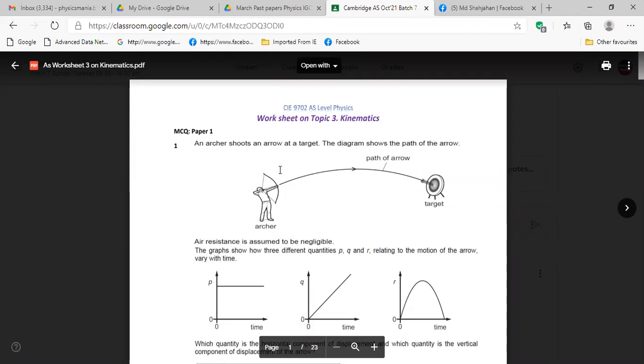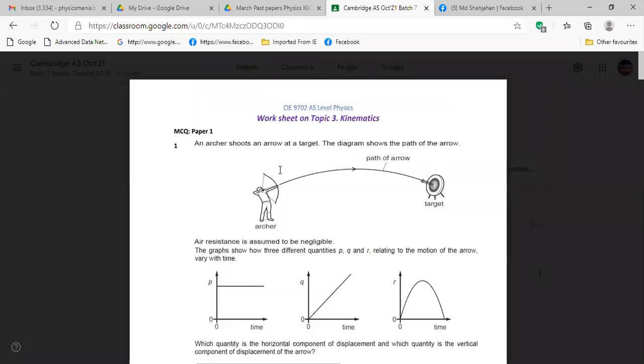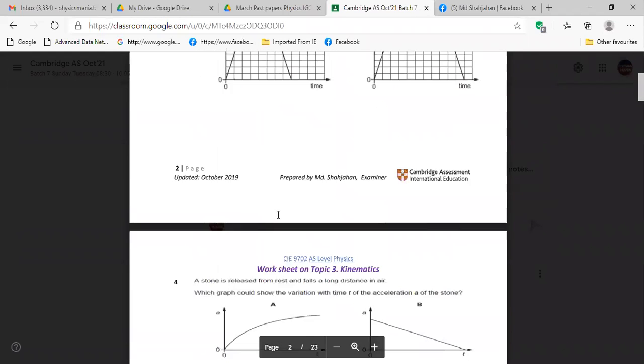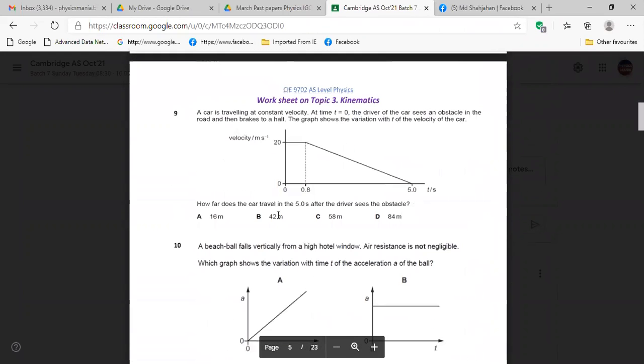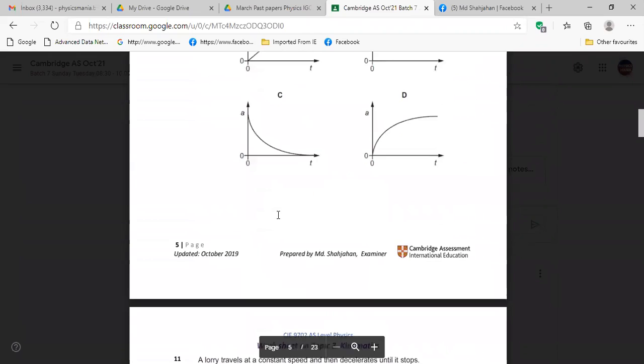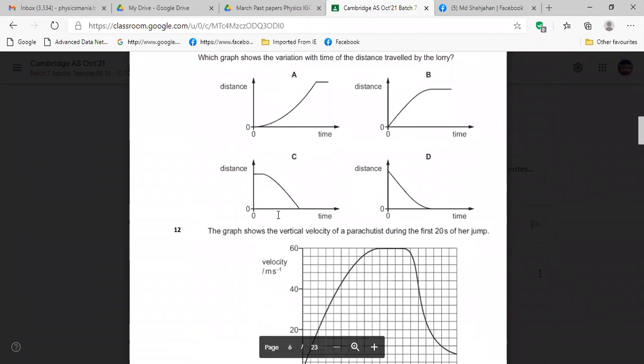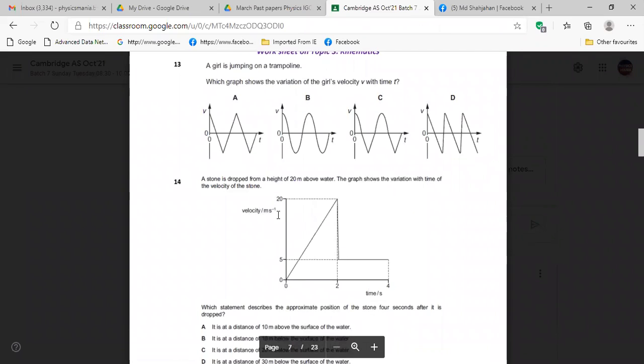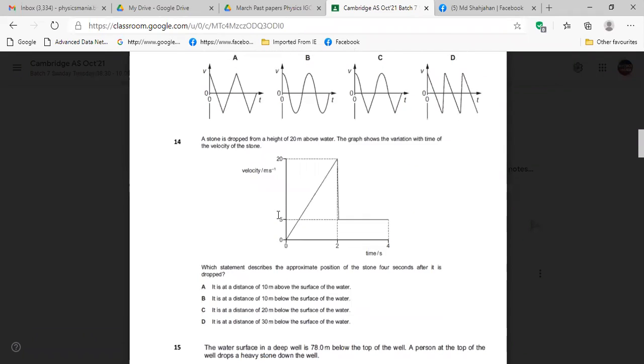Time is 6.26 seconds. How? I used the formula S equals UT plus half AT squared. Very good, that is the correct formula. So your U is 0, right? Yes sir.